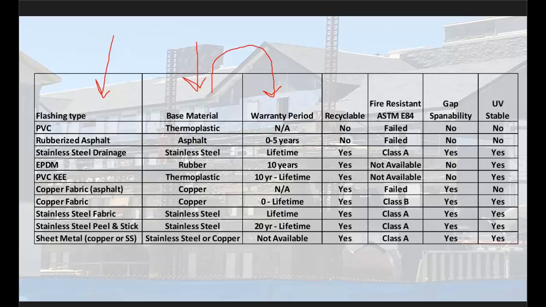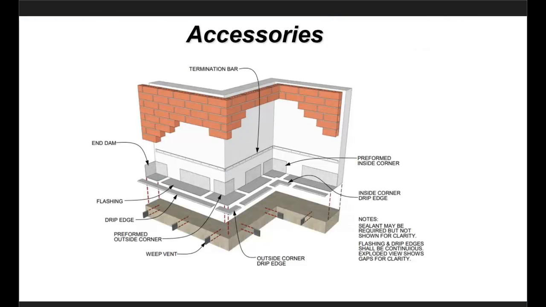It's buried in the wall. We want it to last and perform for the entire life of the building. These characteristics here are other things to keep in mind: fire resistance, having a lot of recycled content, UV. I mean, you get it all with the flexible stainless. We want you to pick the best flashing for your building. So there's lots of different options here.